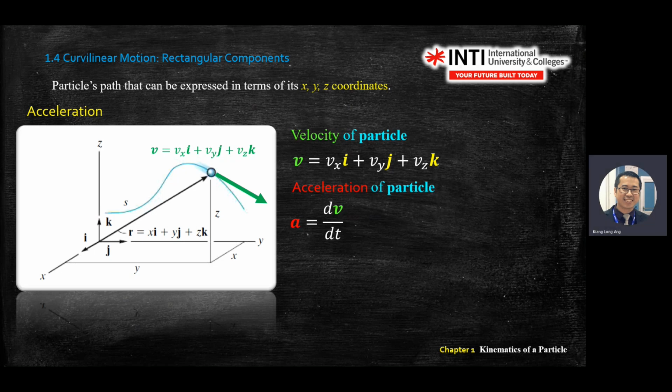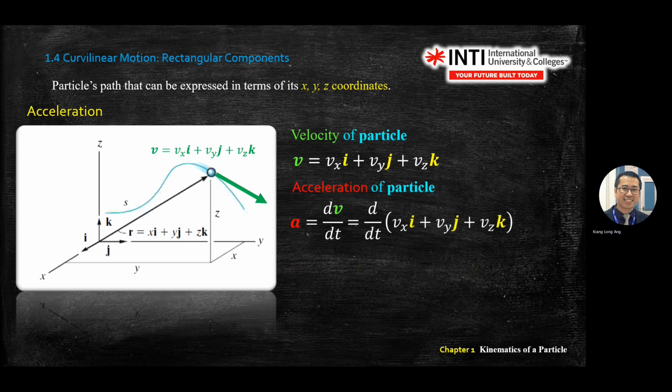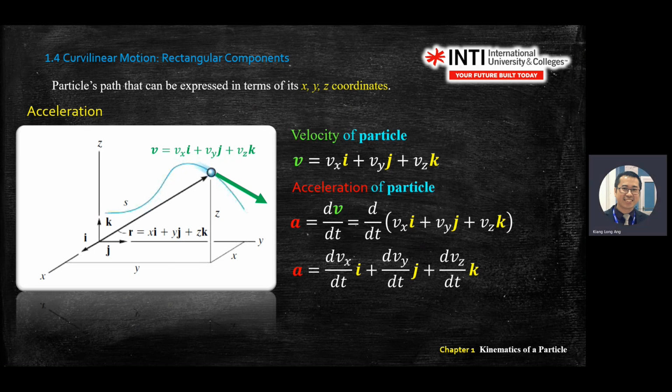You take the velocity in the x direction, differentiate over time, and you get acceleration in the x direction. Same with y, same with z. Same, there is a long process just now. There is a product, but i remains the same, j remains the same, k remains the same. We take out and arrive at this equation. So in short, we can write a equals ax i plus ay j plus az k. Make sense?